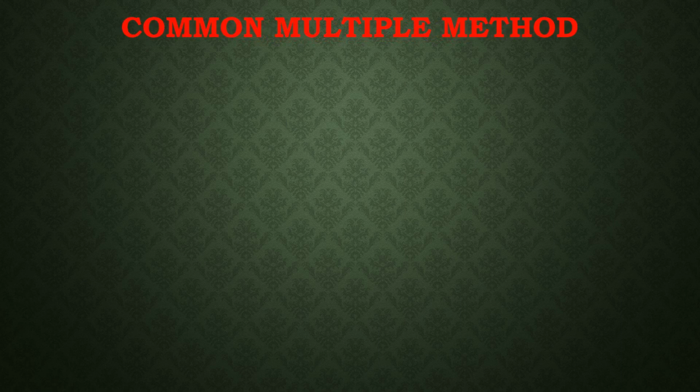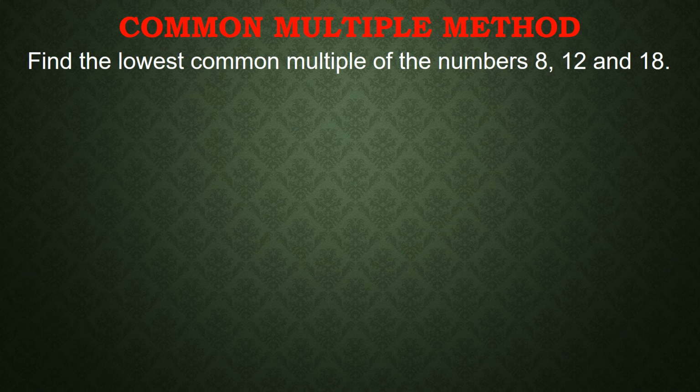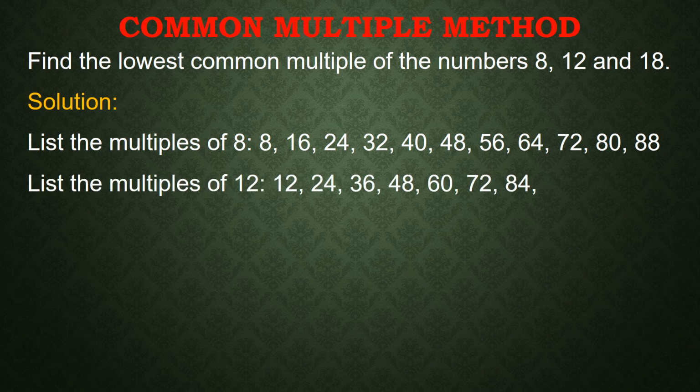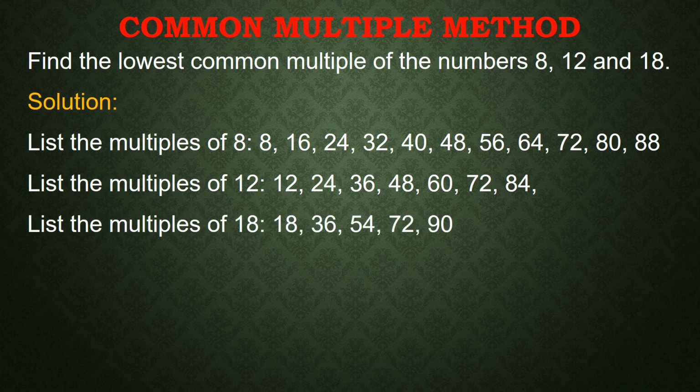First method to find the LCM of the given numbers is common multiple method. Let's understand this with an example. Find the lowest common multiple of the numbers 8, 12 and 18. For this, first we will find all the multiples of 8. Then we will write all the multiples of 12 and then all the multiples of 18.